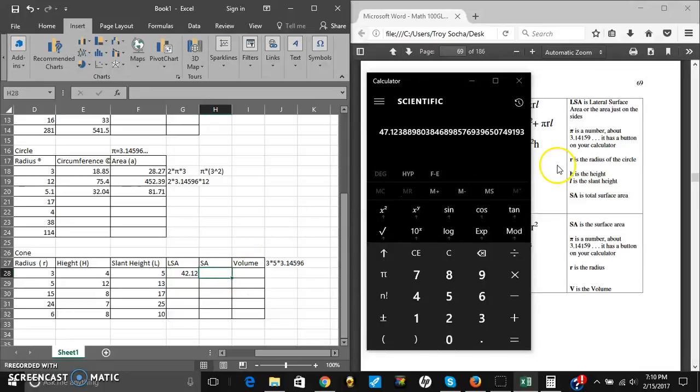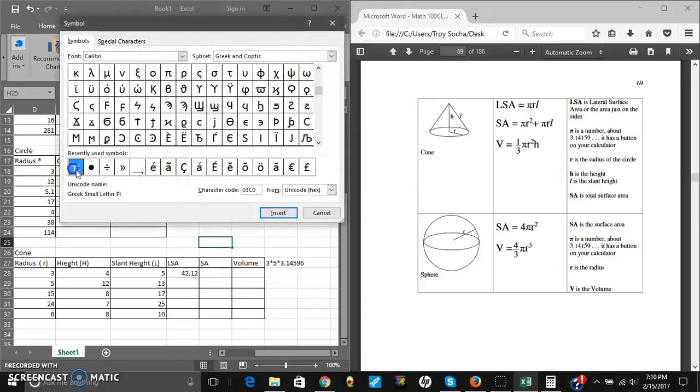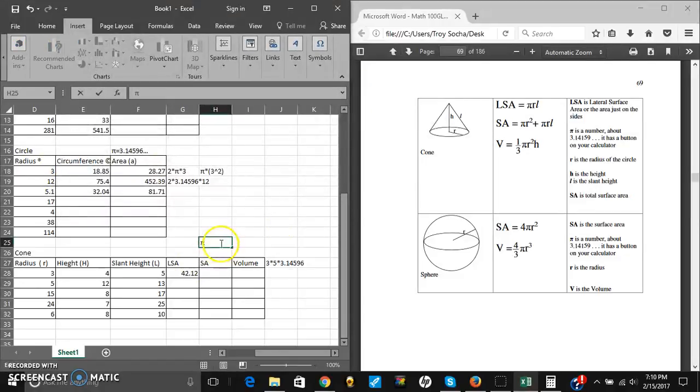Okay, and now we're going to look for the total surface area, which in this case happens to be a more complicated formula. So we're going to have pi r squared plus pi r l. You recognize pi r l from our lateral surface area equation.